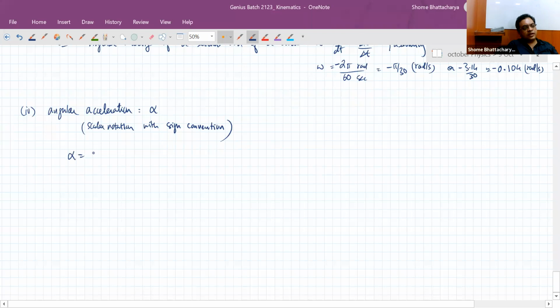So alpha is defined as the instantaneous rate of change of angular velocity. So that also becomes the second derivative of angular position. Okay. And we can also use this notation, so you can also express it this way.